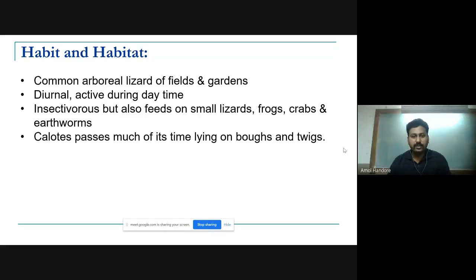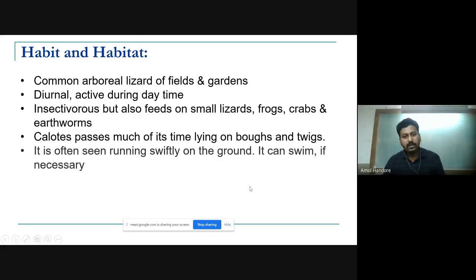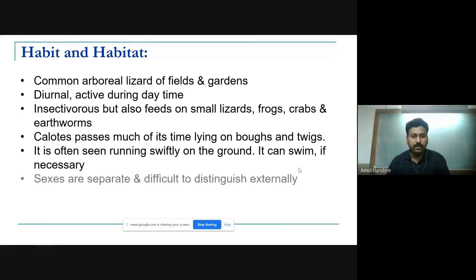And you must have seen these Calotes lying steady without moving on the twigs of the trees or even rocks. And sometimes you must have seen it running very fast on the ground. So it can run as well as swim if there is any predator present nearby. Now the sexes are separate, so you have a separate male and female.